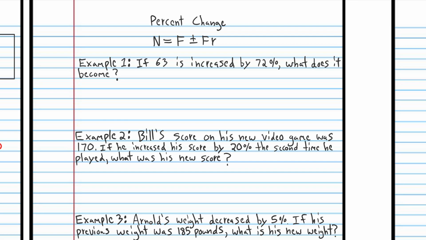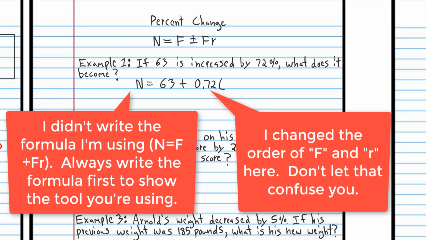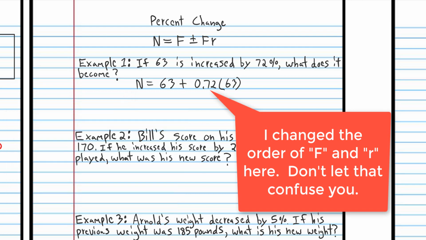So this is the master formula for percent change. It's best just to give an example. So let's say that 63 is increased by 72%. So the new number, which we notate as n, is going to be equal to the old number plus 72% of the old number. So that's what it means to increase a number by 72%.